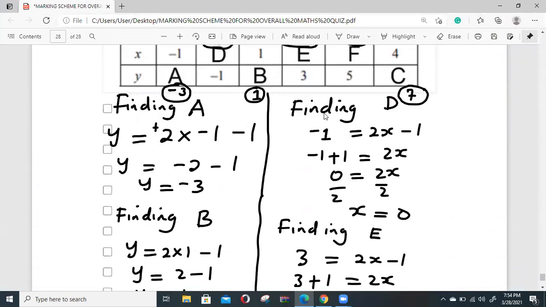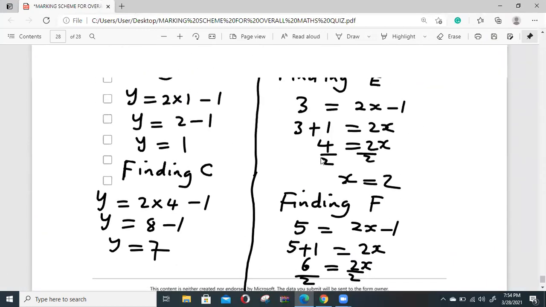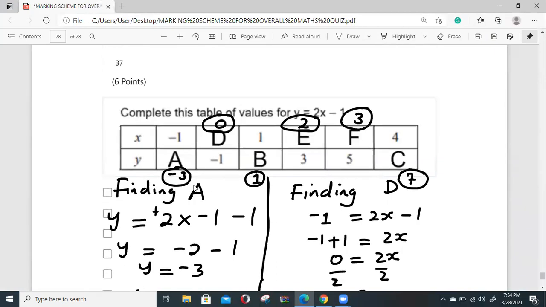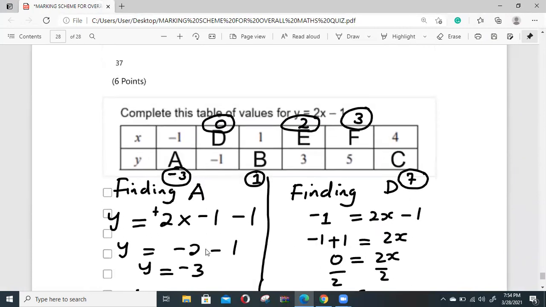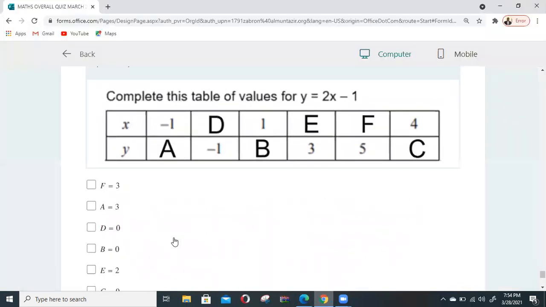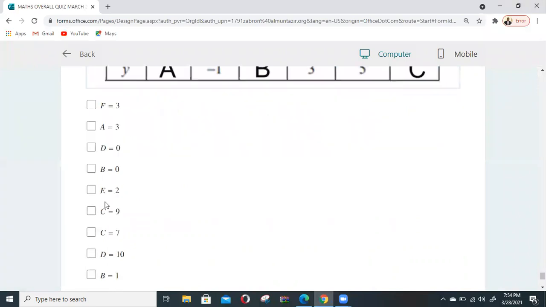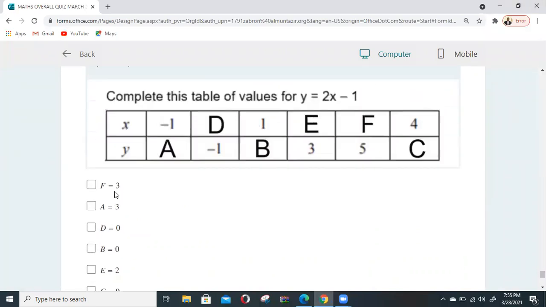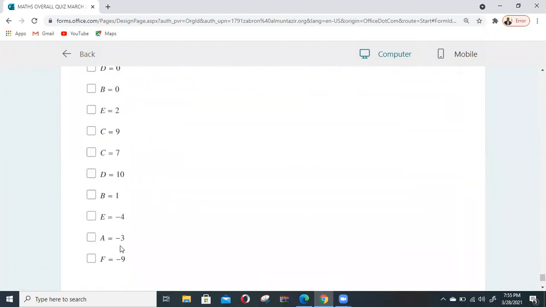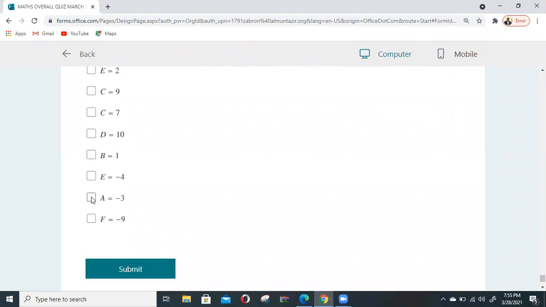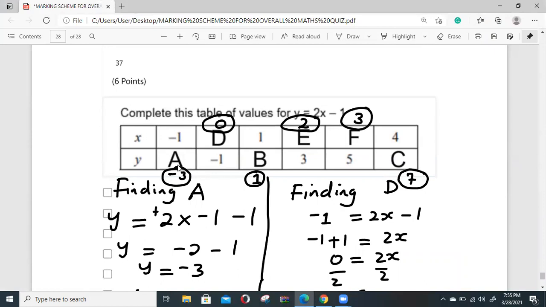But let me check what I got, and the marking scheme is showing very beautifully what the values are. For a, I got -3, so a is -3. Do we have a -3 here? Oh yes, I have. a is -3. Can you see that? So I tick that. a is -3. And then d is 0.